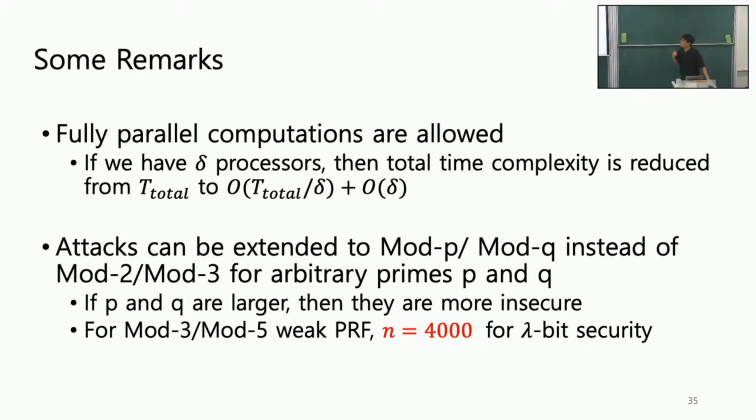Moreover, our attack can be extended to mod P and mod Q instead of mod 2 and mod 3, for arbitrary primes P and Q. Also, we note that if P and Q are larger, then they are more insecure. For example, when you use mod 3 over mod 5 with the random function, n should be increased to 4,000 for preserving λ-bit security.